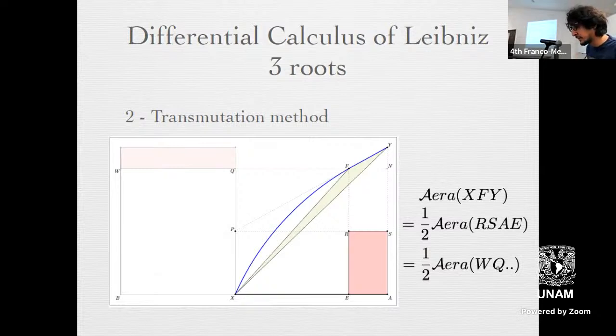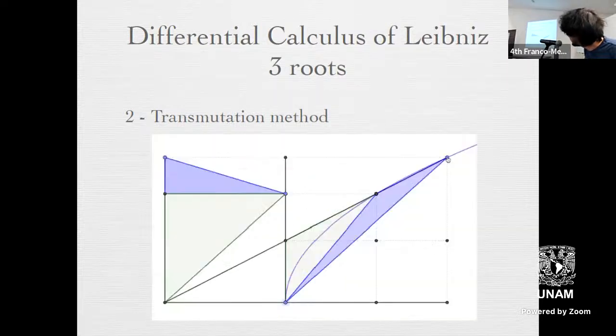To understand this method better, I made an animation. I hope it will work. Yes. So you see that, by the fact that the area of a triangle depends on the height, you can transmute the area of the triangle linked to the curve into an area of a rectangle.